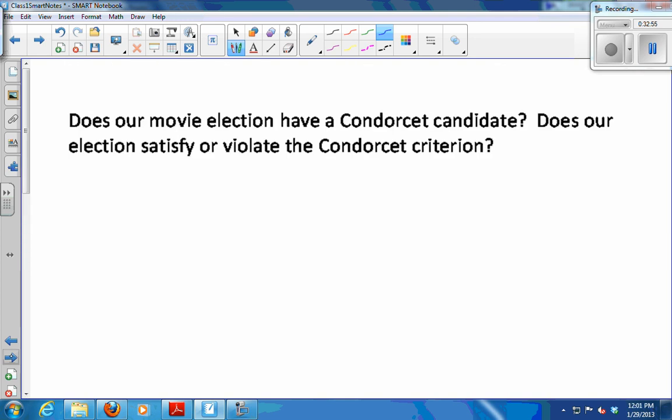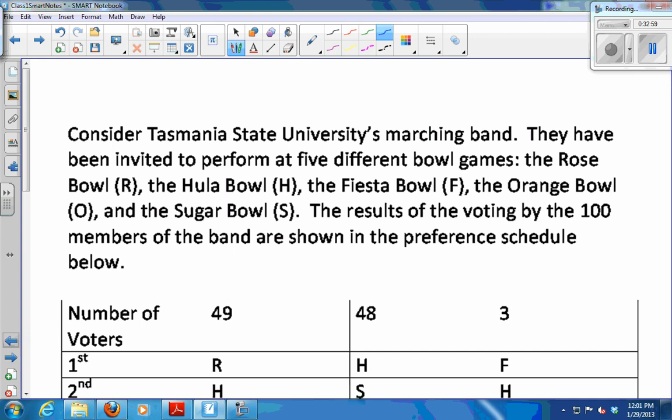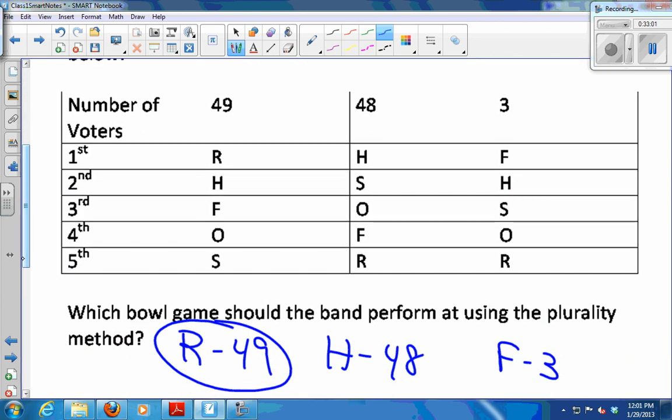So what do you think would be a good compromise choice looking at this preference schedule? Hula, yeah, because these 49 would be okay with Hula. It's their second choice. And these 48 obviously would be okay with Hula because that's who they voted for. And these 3, Hula is their second choice.